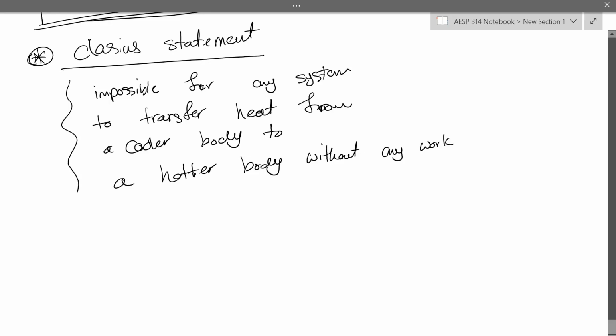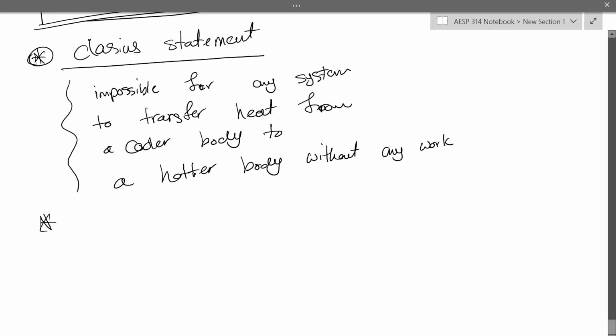Refrigerators, yeah. Refrigerators is a good example. There are millions of examples. So the idea is, without any work, we cannot really remove heat from the refrigerator and put it into the room, because the refrigerator is by definition colder than your room, right? Which is something that makes sense to us, right?